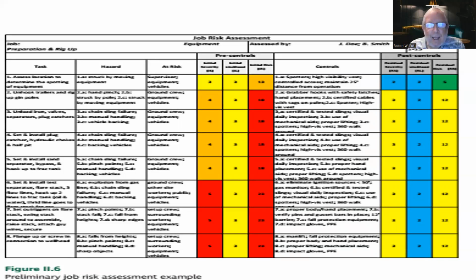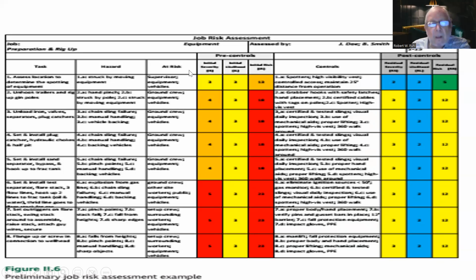Anyhow, okay. Job risk assessment. This is hard to read too. But the thing is they've got the initial risks down here, a whole bunch of them are in red, which means they're high. And then these are the controls, and it lowers them down to none of them in red. Okay. So that's task hazard.